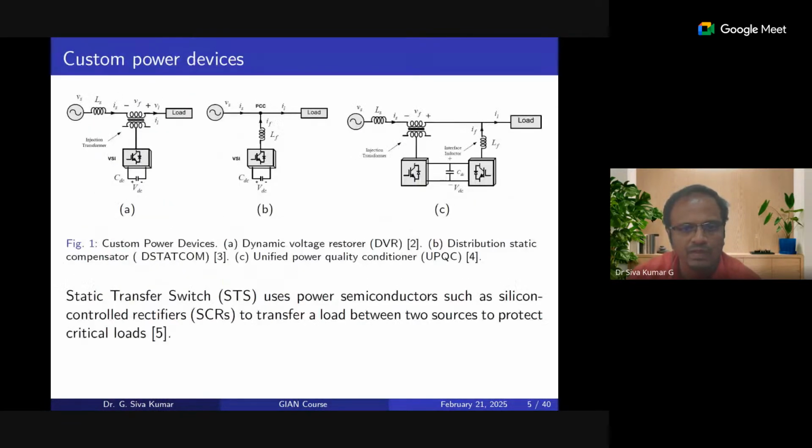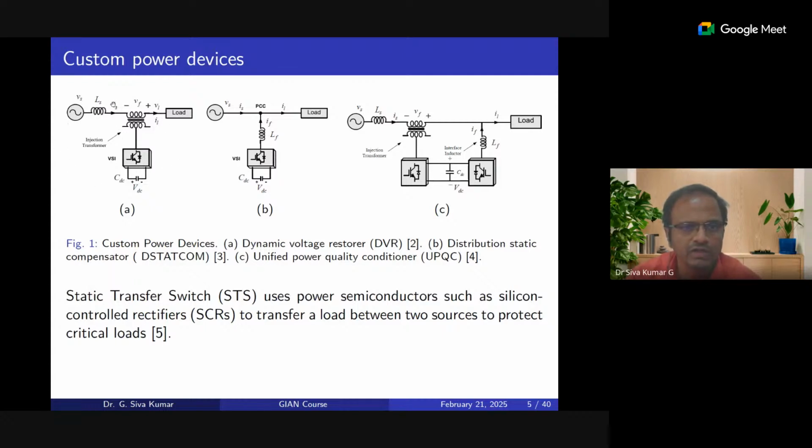Quickly see, this is a custom power device, a DVR, in the figure here, which we have seen just now. And this figure B is going to eliminate your source current quality issues, and this is the device which is used to improve the load voltage.